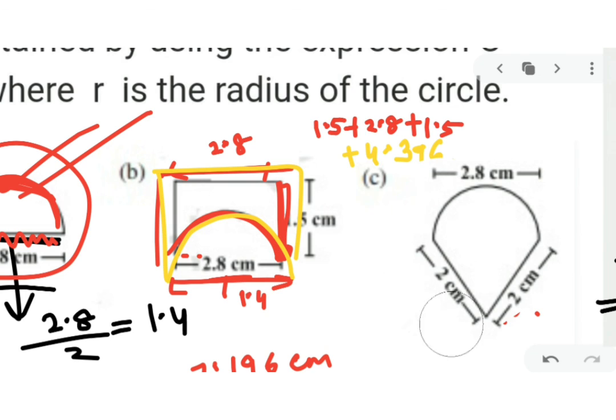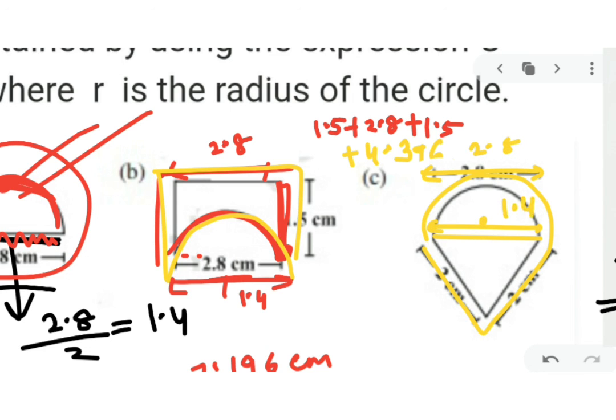Now the third structure here, this is something like this. Now let's see what the ant will be going for. So the ant has to go here 2 and 2 and then the circumference. And for the circumference, this measurement is 2.8. That means this diameter will be 2.8, so the radius will become 1.4. So now you will take the circumference of the semicircle with 1.4 and add 2 and 2 to it.